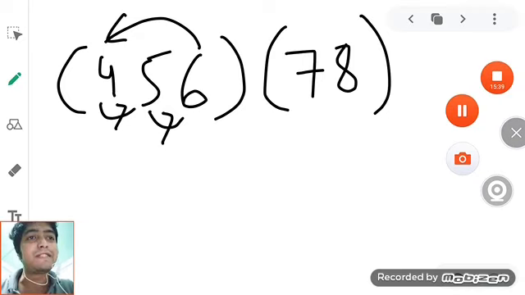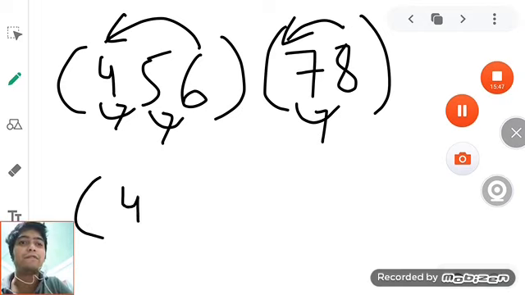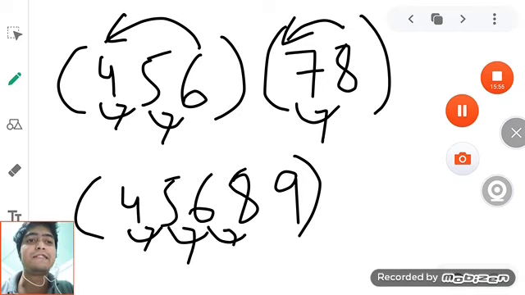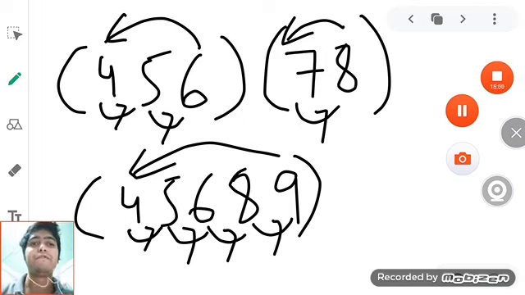And over here I will say 7 goes to 8 and 8 goes to 7. If I have another one, maybe 4, 5, 6, 8, 9, just a single thing like this, I will say 4 goes to 5, 5 goes to 6, 6 goes to 8, 8 goes to 9, and 9 goes to 4. I hope it is clear how we say these things.